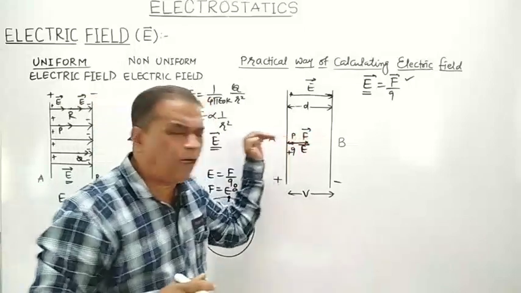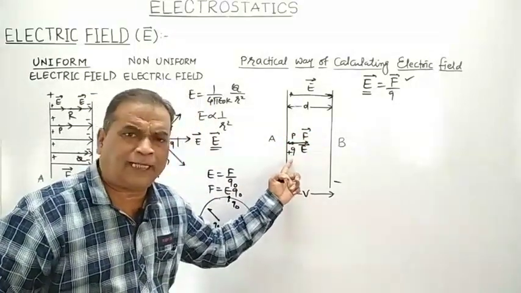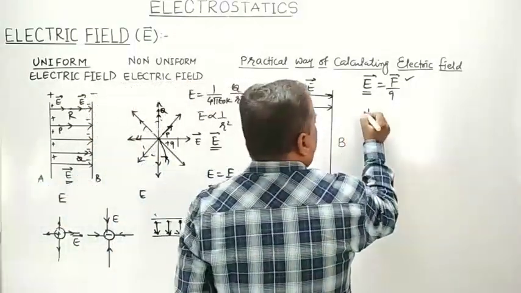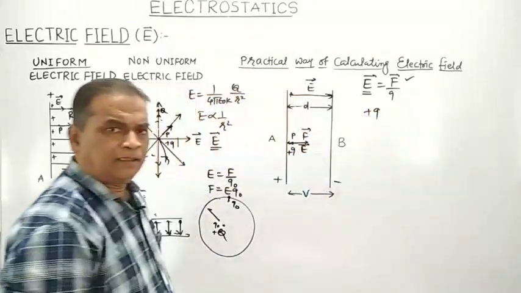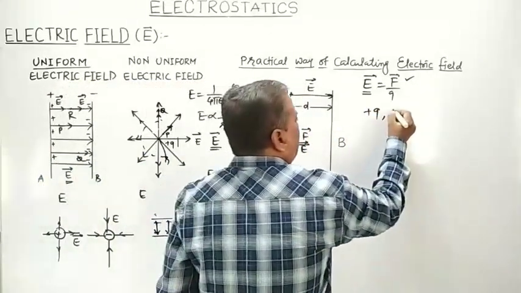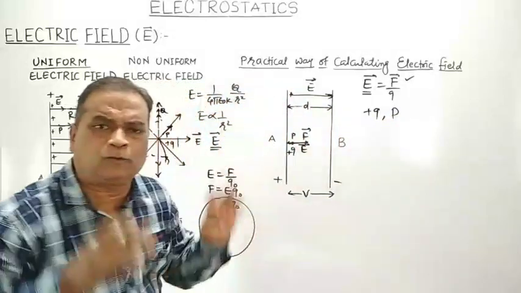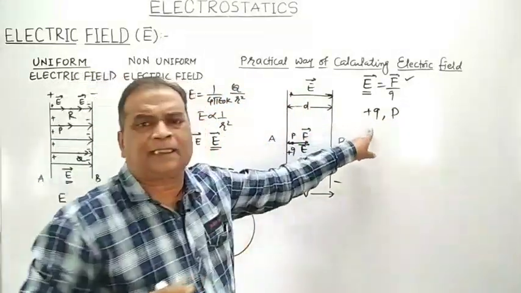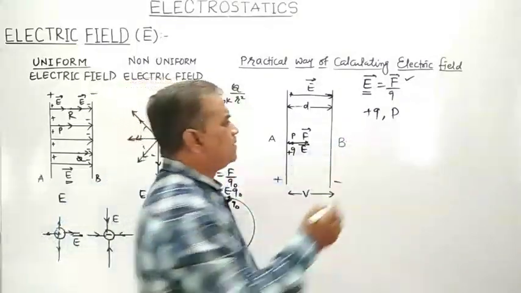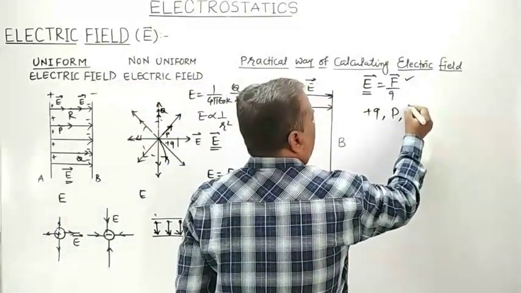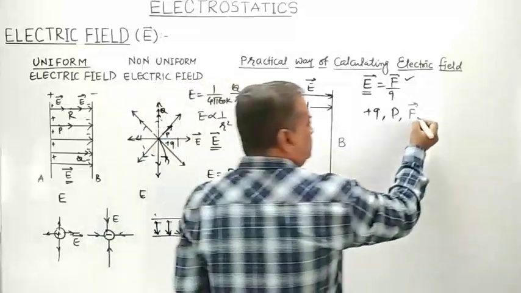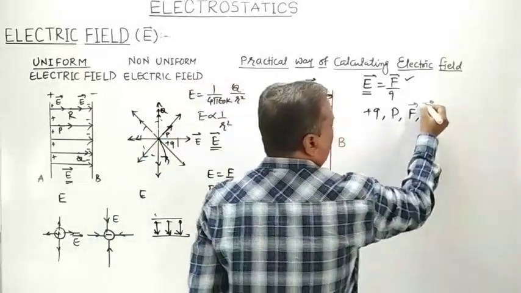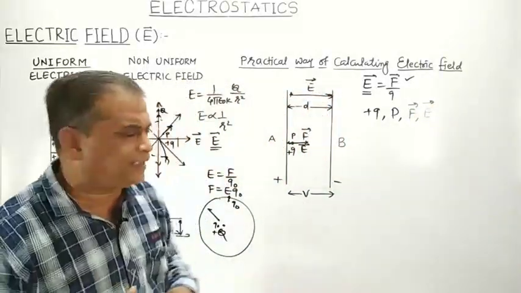What is the direction of force acting on that plus Q charge? When plus Q charge is kept at some point P in the space between two charged parallel plates, that charge is acted upon by Coulomb's force F. And what is the direction of this force? It is the same as the direction of electric field intensity.